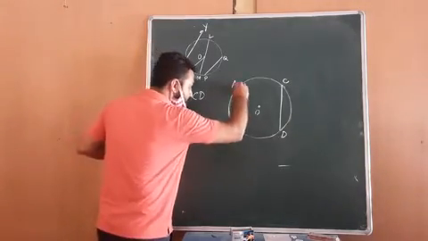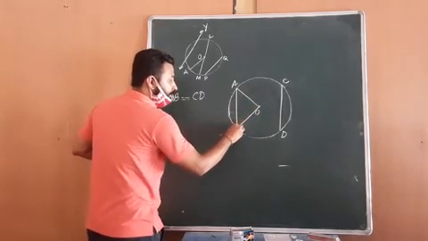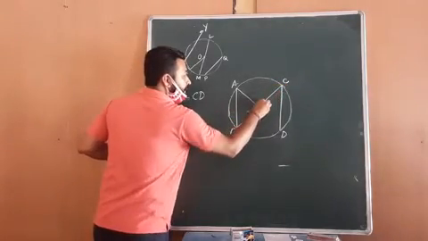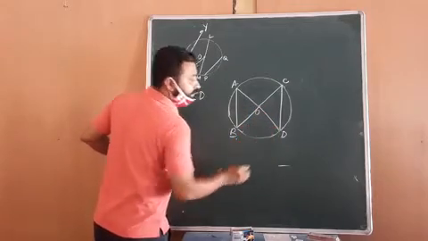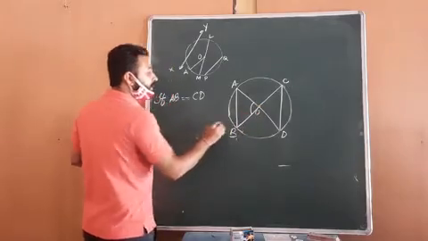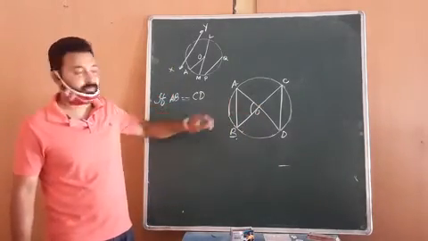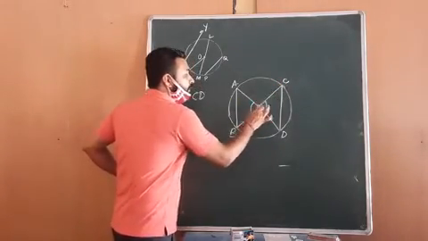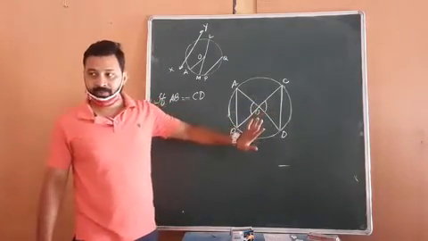If we join OA and OB, and OC and OD, angle AOB is the angle subtended by chord AB, and angle COD is the angle subtended by chord CD.